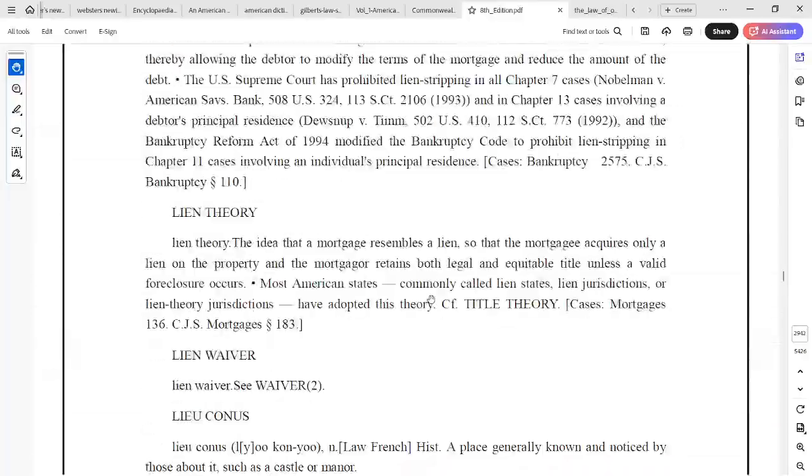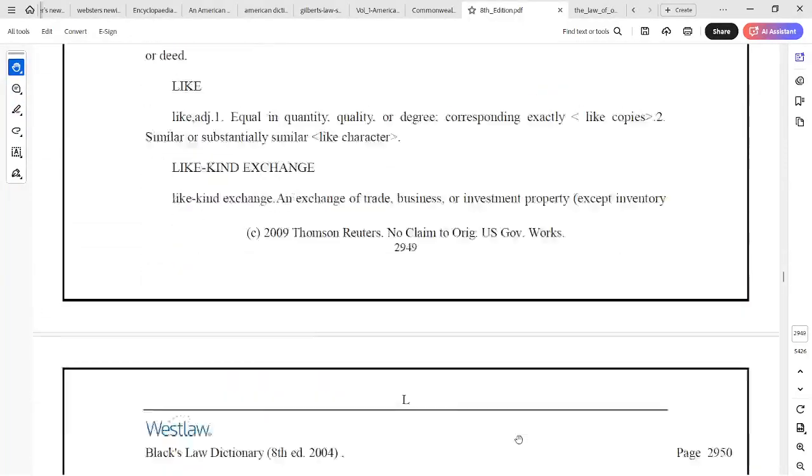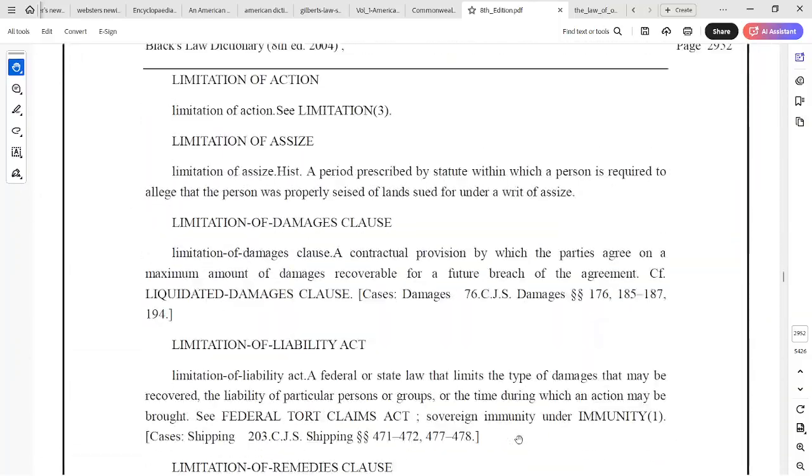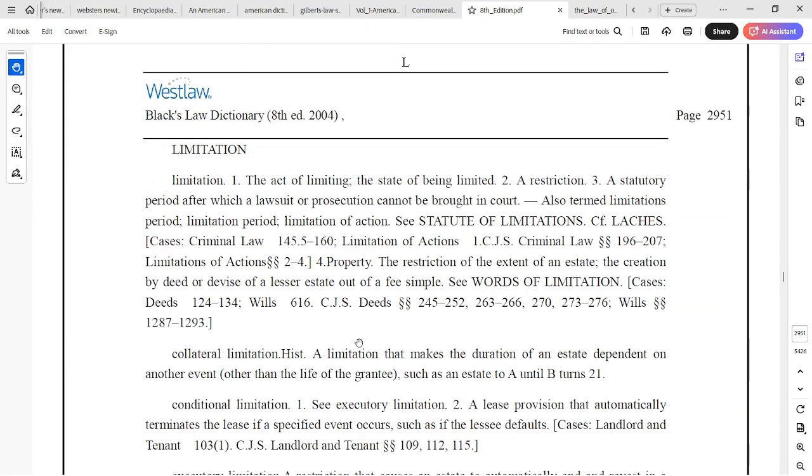Limitation. The act of limiting. The state of being limited. 2. A restriction. 3. A statutory period after which a lawsuit or prosecution cannot be brought in court, also termed limitations period, limitation period, or limitation of action.